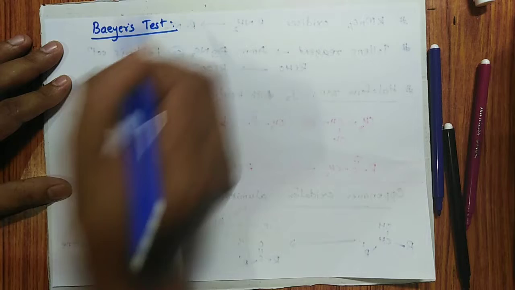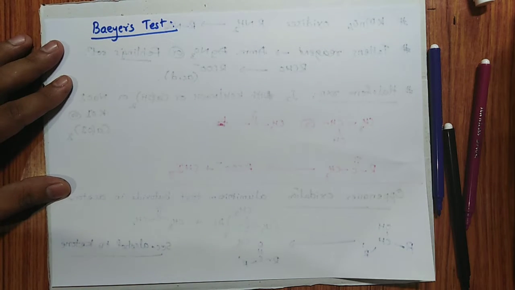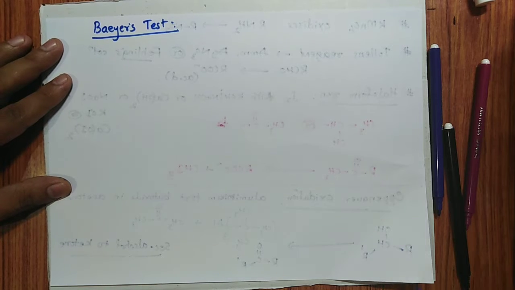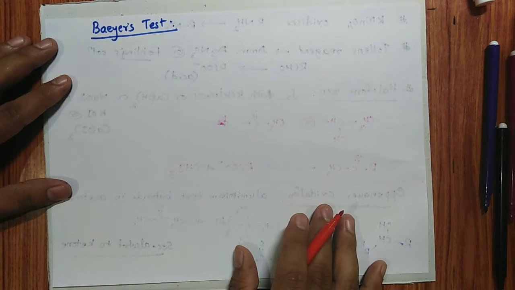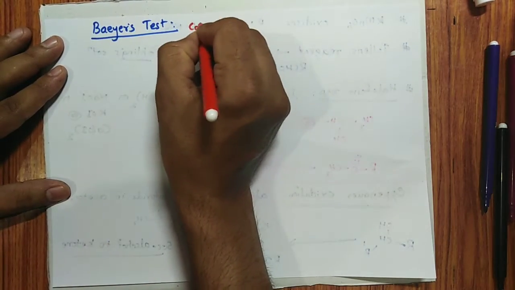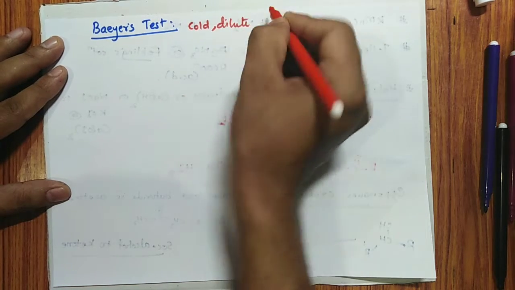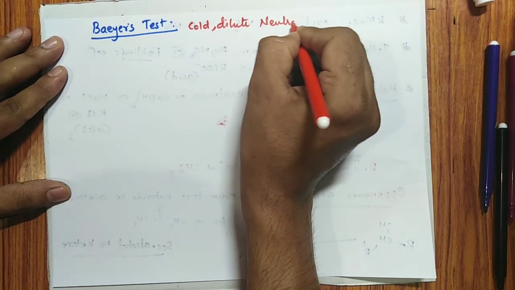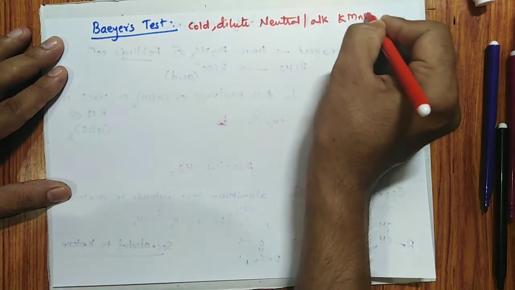Bayer's test. So in this particular case, what is Bayer's reagent? The video may be longer because here I have taken all the reagents possible. So Bayer's reagent is nothing but, remember, cold, dilute, neutral or alkaline KMnO4.